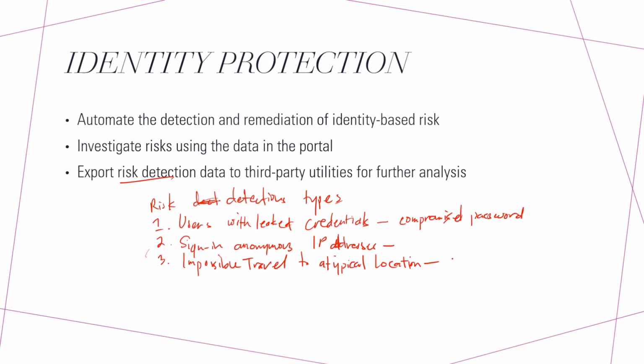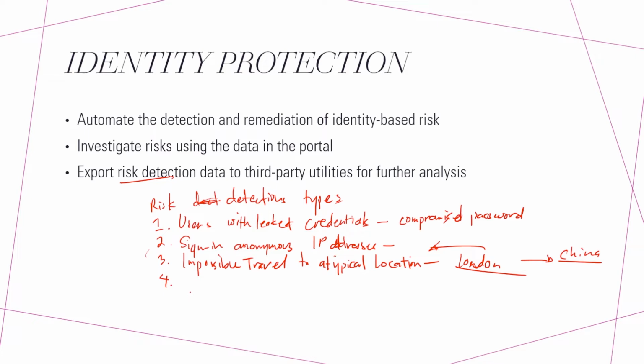So let's say the user is a London-based user. For several years, he or she has been logging in from a London-based location, but then suddenly one day they got a login attempt originating from China. So that will then trigger this type of detection, impossible travel.